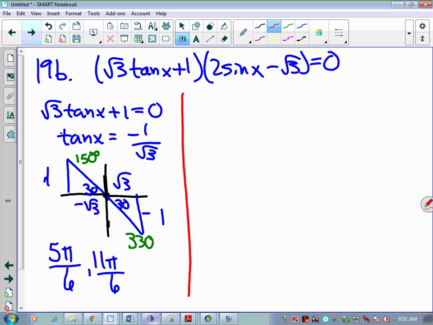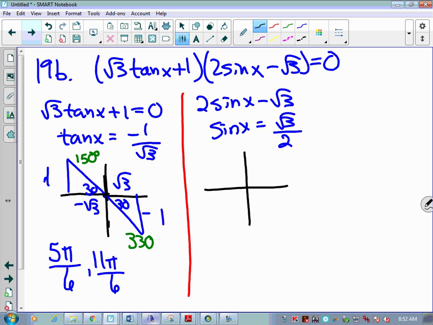Let's come to the next one, which is 2 sine x minus radical 3. We're going to add radical 3, divide by 2, so sine x equals radical 3 over 2. Okay, we are opposite over hypotenuse. Let's see. Radical 3, 2.